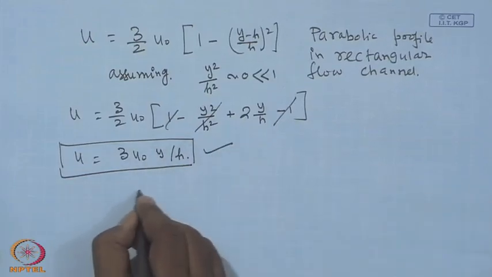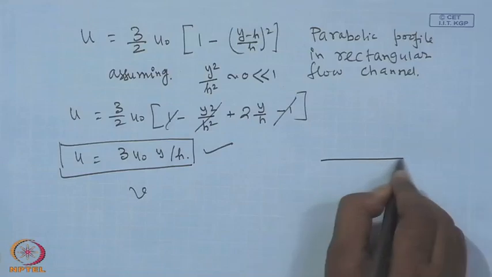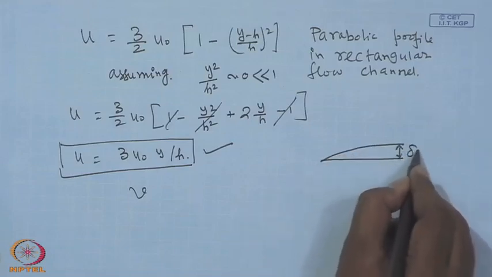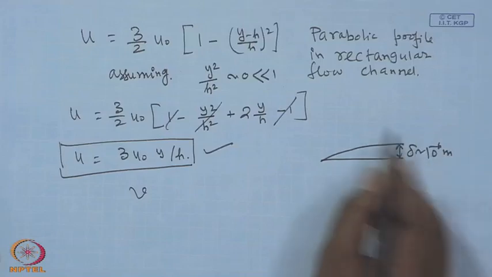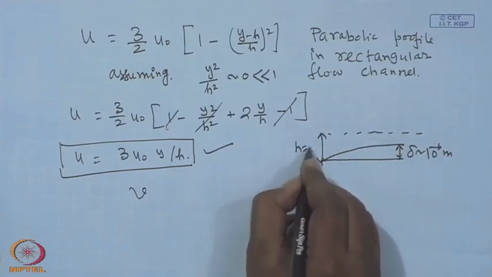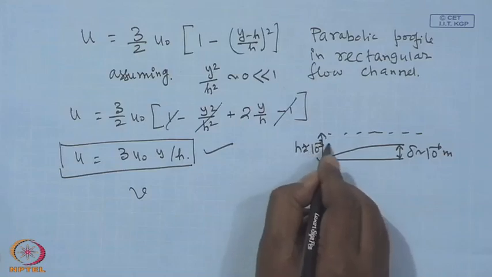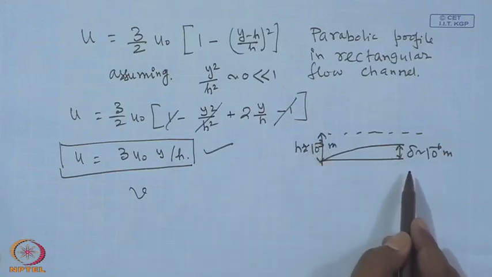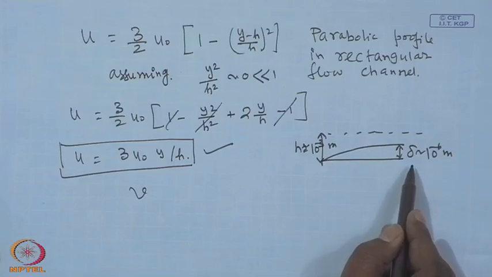That is the linear velocity profile within the mass transfer boundary layer, and so this is the profile of u. Let us consider the v component. Since the mass transfer boundary layer is very thin, delta will probably be in the order of 10 to the power minus 6 meter, and half channel height will be in the order of 1 millimeter, that is 10 to the power minus 3 meter. So, there is a 3 order of magnitude difference between delta and h.